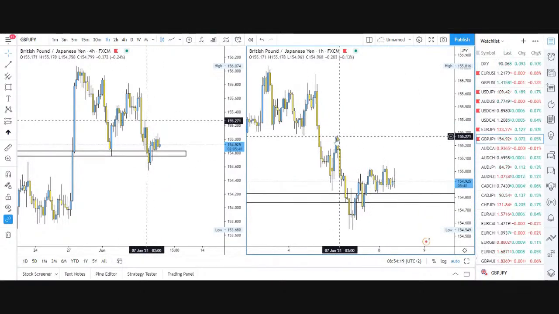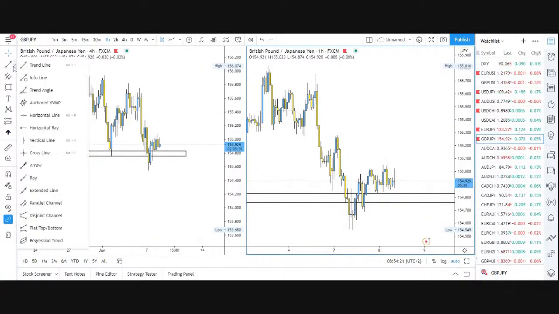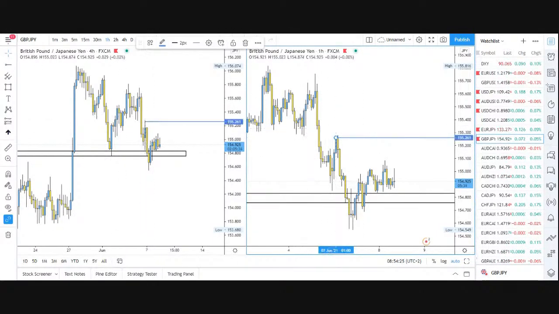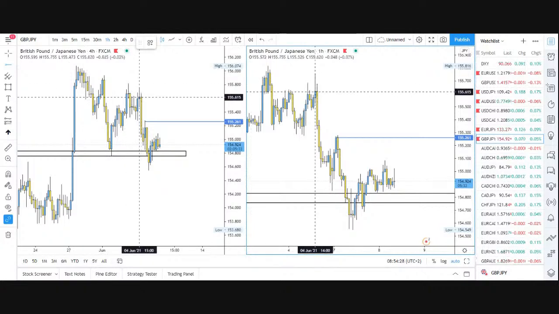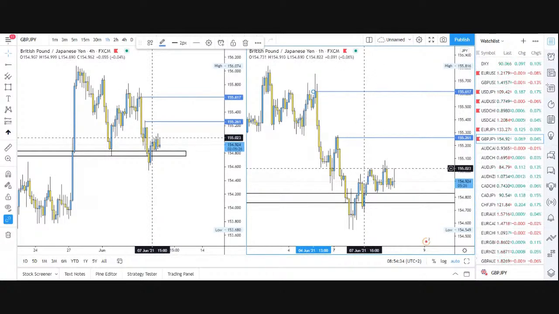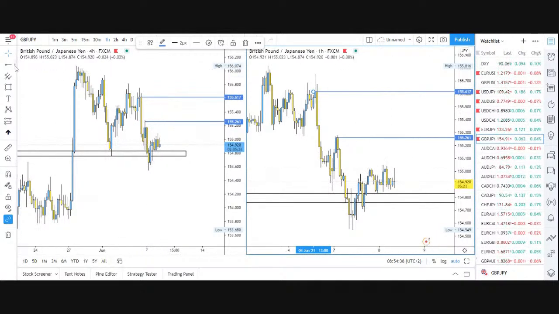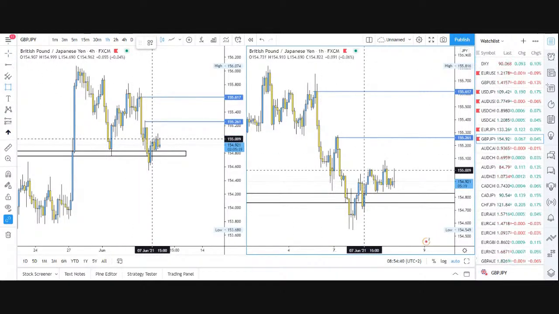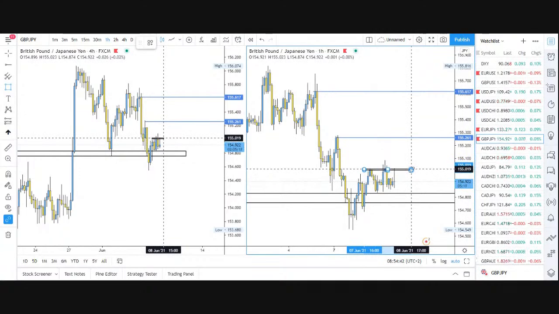I know on the 1H this is structure, so you do want to mark structure on the 1H right there, and then mark this right here for potential upside moves. Then take all of these highs into consideration, based on the 4H, where the 4H was struggling to break above.